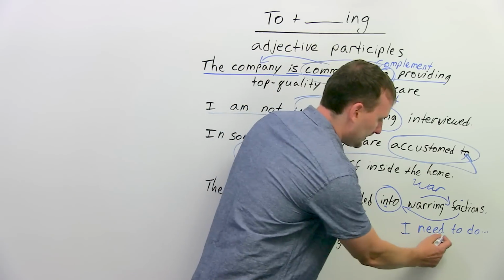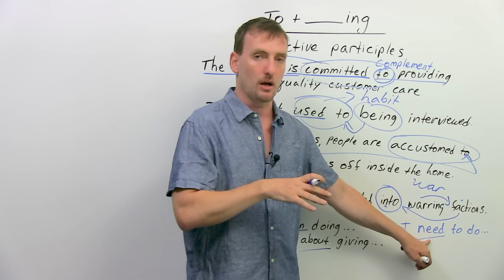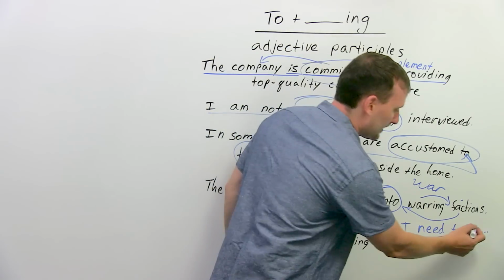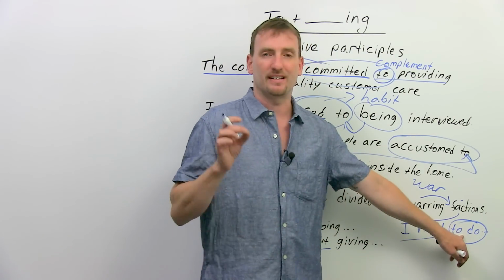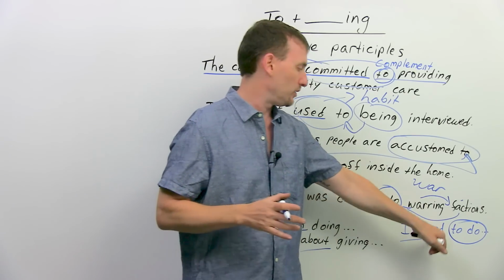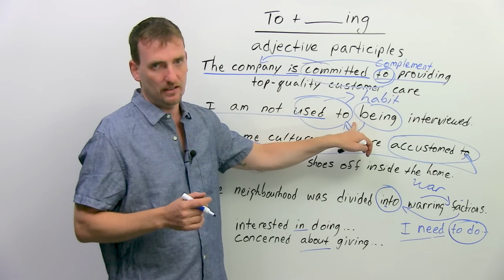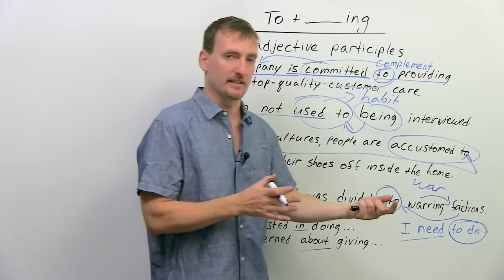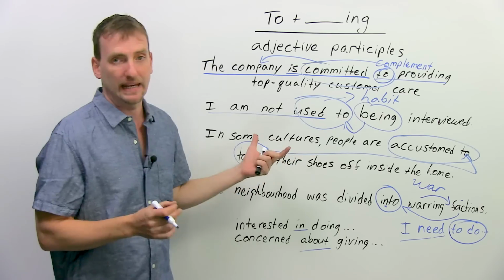This is a complete sentence, but need is a transitive verb, means it must take an object. I need something. In this case, to do, I use the infinitive verb because infinitive verbs can act as objects to a transitive verb. Okay? Prepositional phrases are generally used as complements, not objects. They're used as complements to an independent clause.